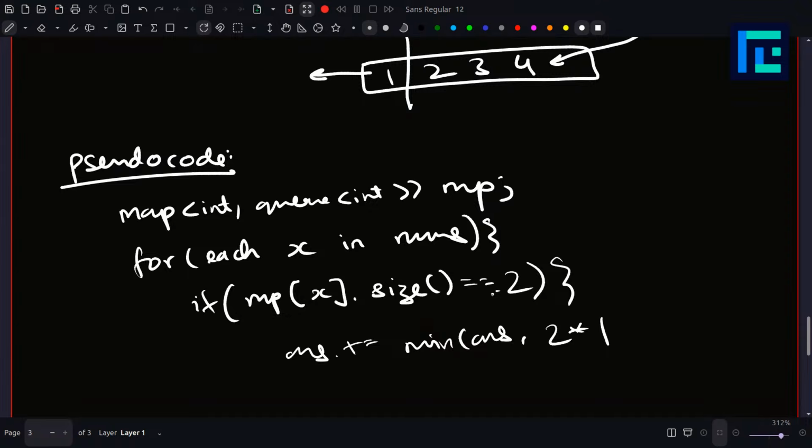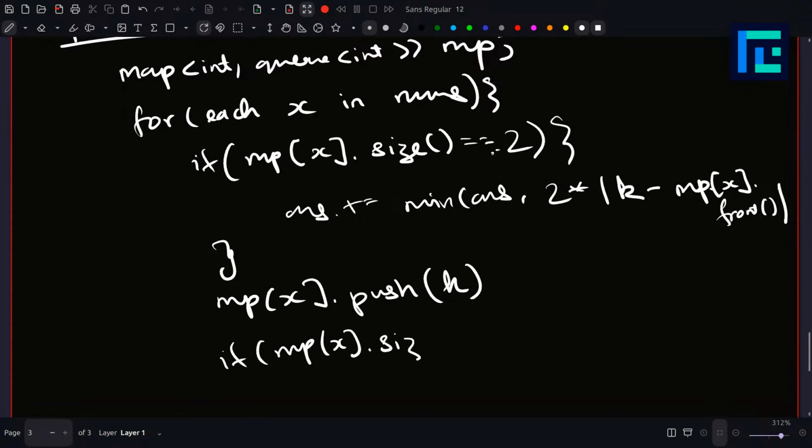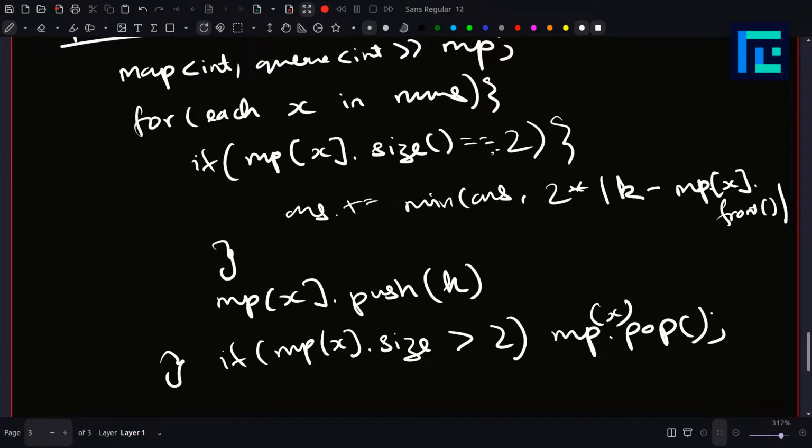So the distance will be the current k minus the i of the map, so map of x dot front, right? This is what our answer will be updated with, and then we can simply push this thing to the queue. And we need to ensure that only 2 elements are in the queue, so we can pop if they are greater than 2, right? So that's it. And then once this loop is done, we get our final answer.